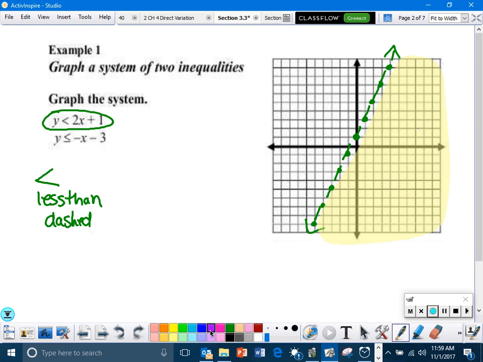Now I'm going to graph the other one on the same coordinate plane. I'll do that one in purple. The y-intercept is -3, so I'm going to start at -3. The slope is -1 over 1, so down 1 over 1.